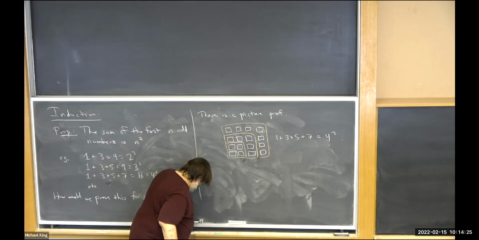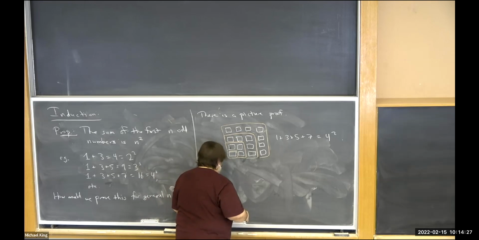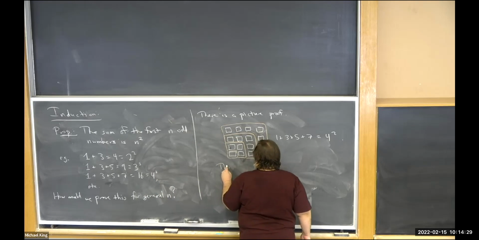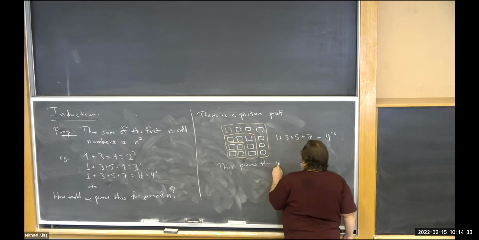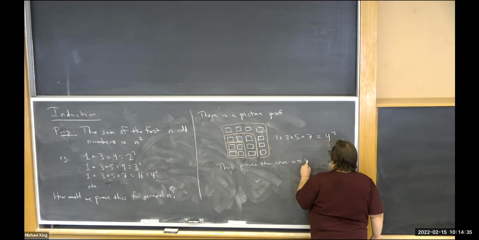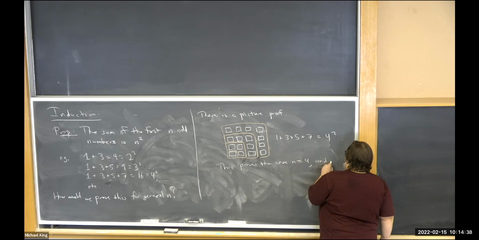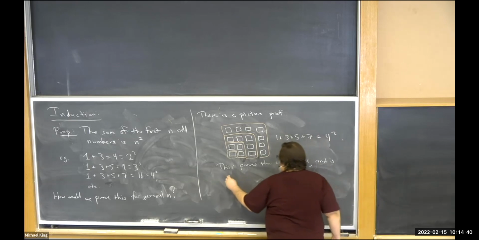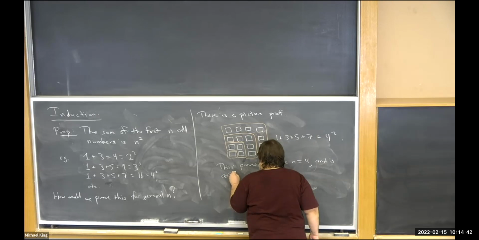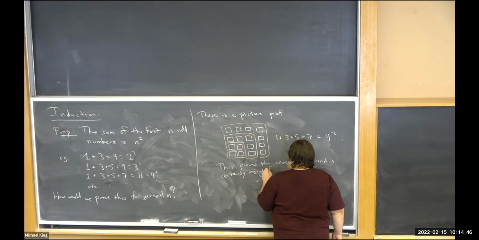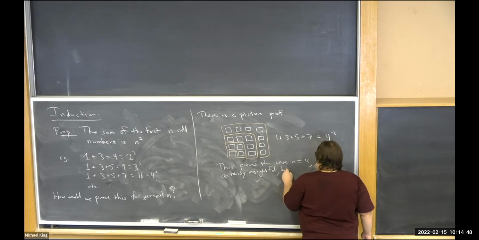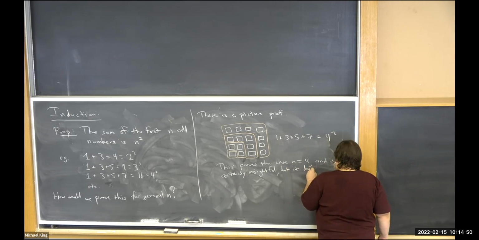So this proves the case n equals 4, and is certainly insightful as to why it might be true in general. But it does not constitute a rigorous proof.